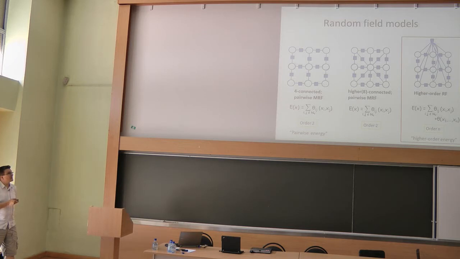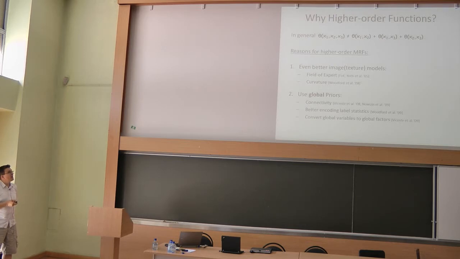Okay, so we talked about highly connected, now higher order random fields, where there's really a factor which talks to all of the variables. In general, the higher order factors cannot be decomposed into pairwise, and there are special cases obviously. There are several reasons for using higher order, and I will explain only some of them quite briefly.